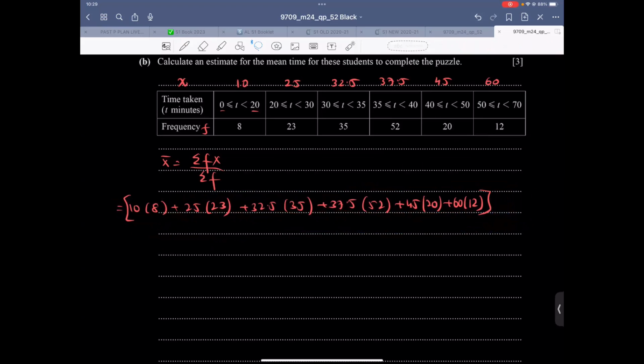Now it's being divided by 150, which is the sum of all these frequencies. Using a calculator, this answer comes out to be exact, which is 35.75.